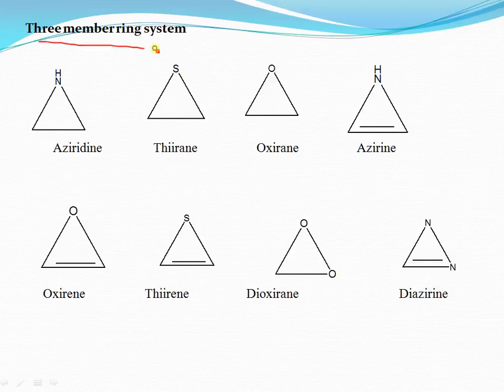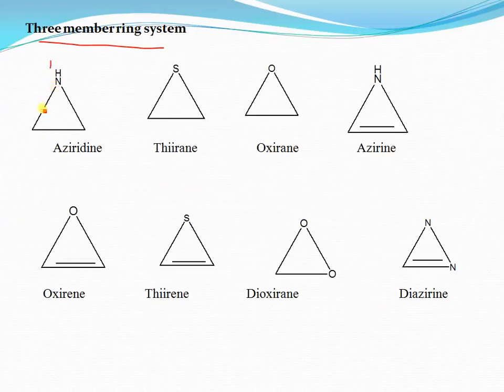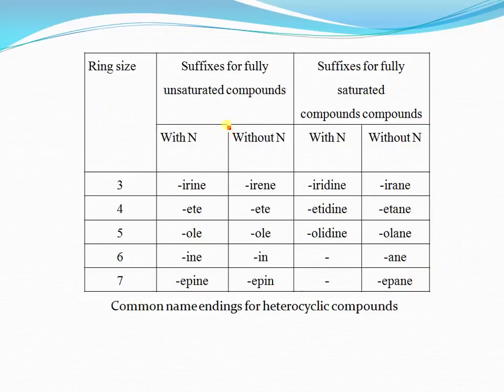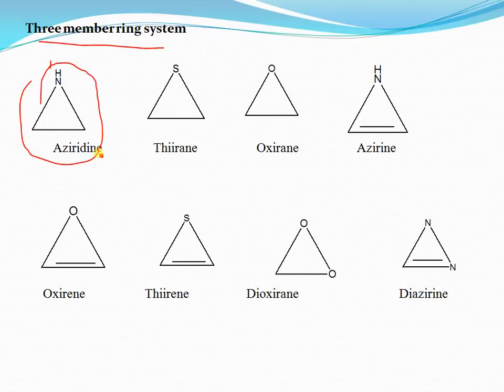So these are the 3-member ring systems, one by one. This is aziridine, like this; aziridine means 3-member. It is a saturated ring system, saturated with nitrogen, so it is iridine. So which iridine? Aziridine, that's why it is aziridine.